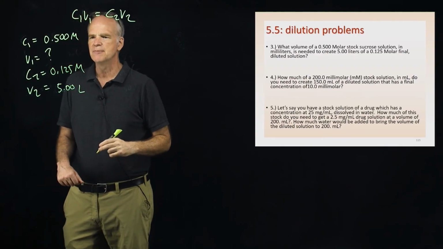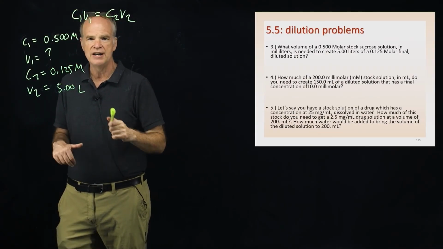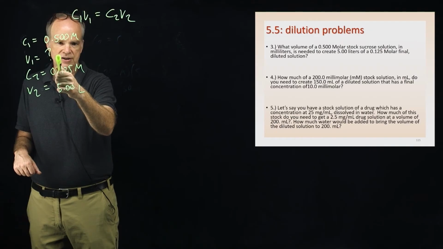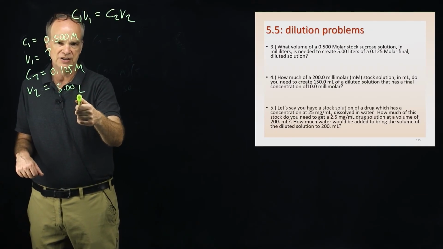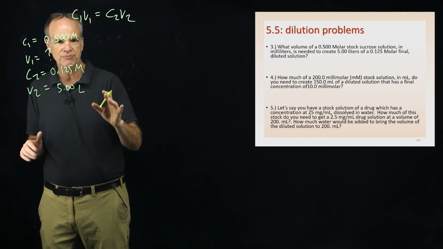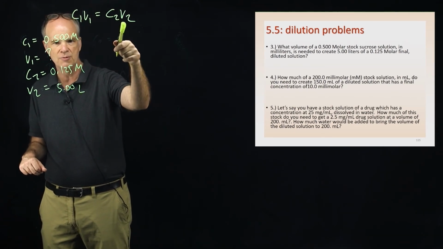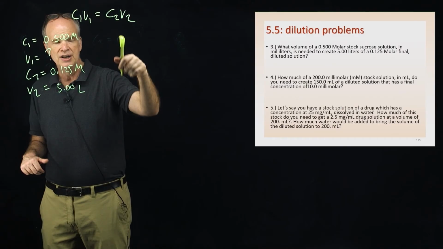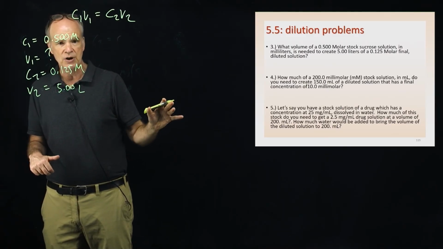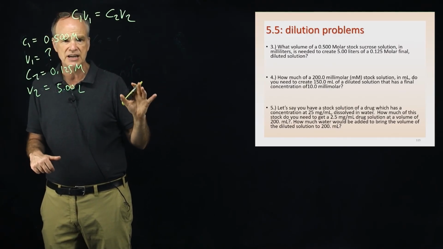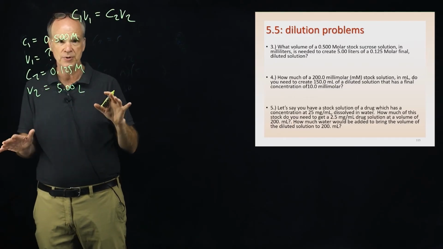Okay, so what's interesting about this problem is we want an answer in milliliters, yet we're given a volume in liters, and that's okay. Just remember that you can plug these numbers into this formula, include the liters here, and you will get an answer out of the equation in liters, and then later on you can convert that to milliliters. So that's what I'm going to do now.